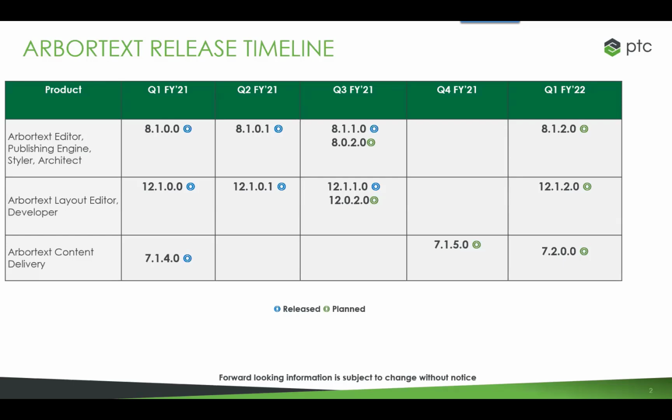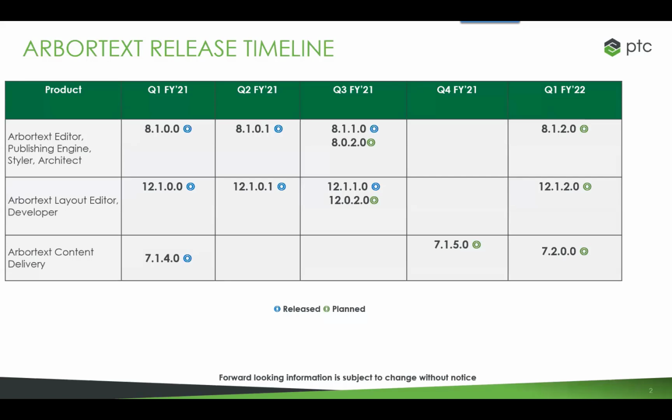Then looking forward, and of course, forward-looking information is always subject to change, but in Q4 of our fiscal year, so that's between now and September, we have a release of Arbortext Content Delivery 7.1.5.0, and then currently targeted for the end of the calendar year, so between October and December, there will be another batch of releases.